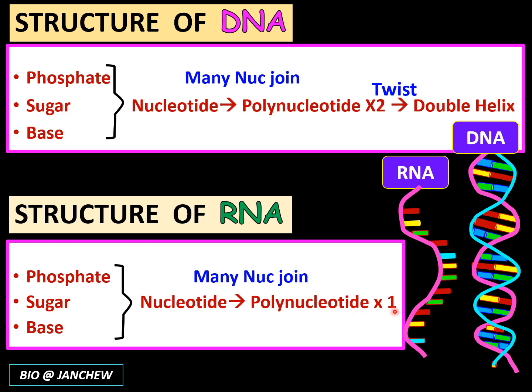So there's 1, and that's all. There's no combination of 2 strands. Okay, so RNA here is made up of 1 strand, as you can see here. 1 strand of polynucleotide compared to DNA that has 2 strands of polynucleotide. And secondly, the strand of RNA is shorter than the strand of DNA, much shorter.